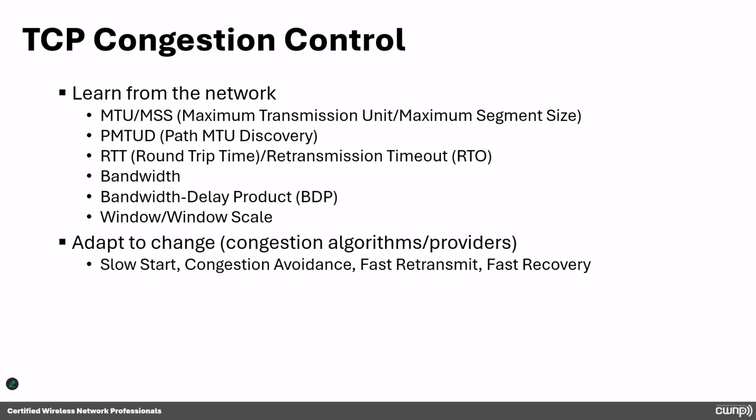And then fast retransmit means that we're going to end up detecting packet loss through duplicate acknowledgments. Basically, we receive 3 duplicate ACKs, and then what happens is the sender immediately retransmits and just presumes that there's a lost segment. And then fast recovery avoids returning to slow start.